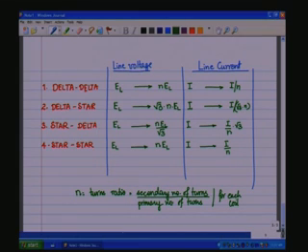So, if n is a step up, that is, if the secondary number of turns is more than the primary number of turns, then it is a step up transformer. In the case of a step up transformer, you see that in the case of delta star connection, the line voltage is higher than the phase voltage by a factor root 3.